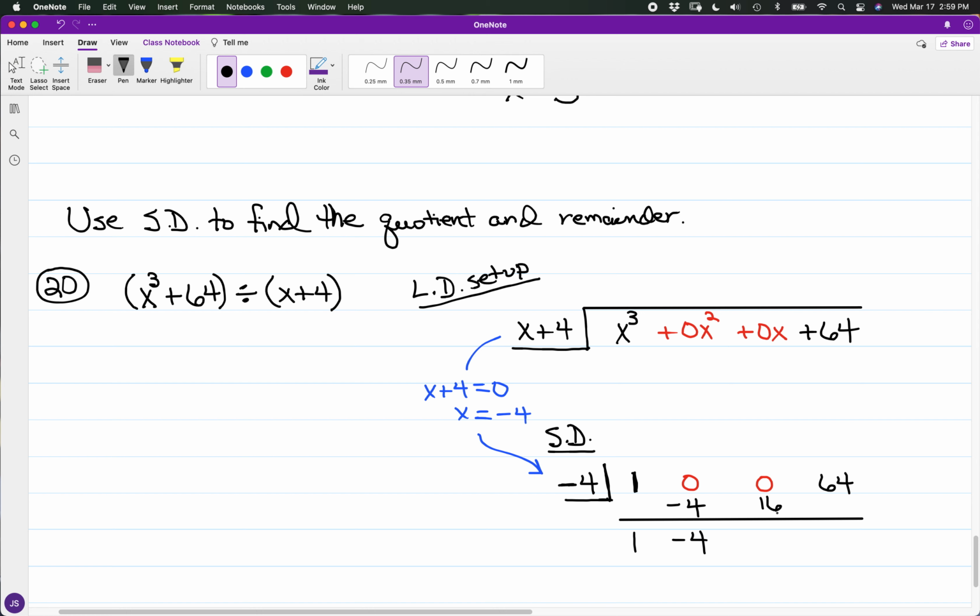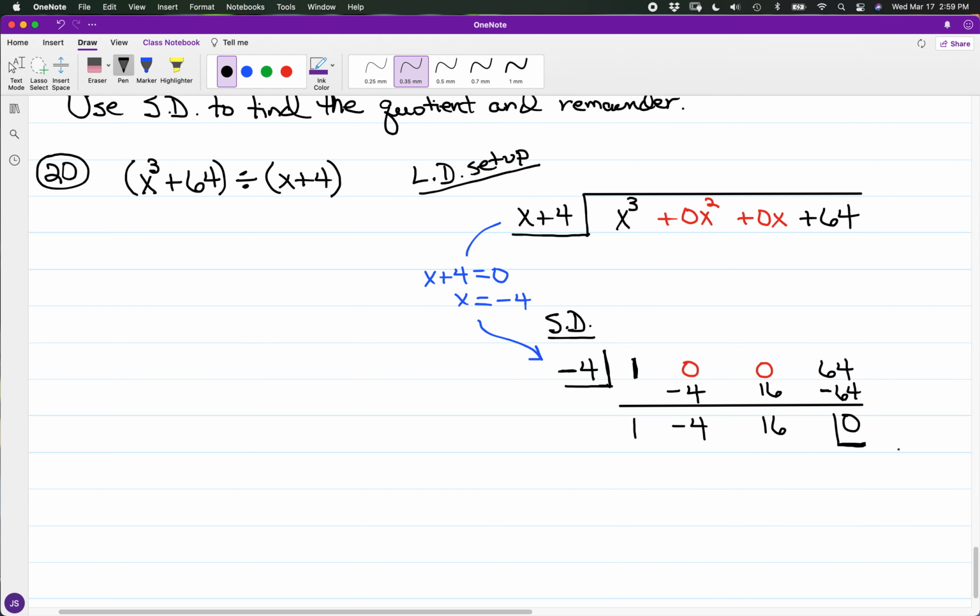Then 0 plus 16 is 16, and negative 4 times 16 is negative 64. And 64 and negative 64 add up to 0. So the last column total is 0, and that is going to be the remainder. So the remainder is 0.